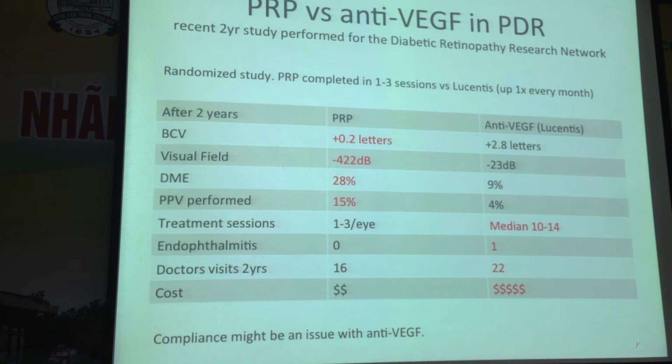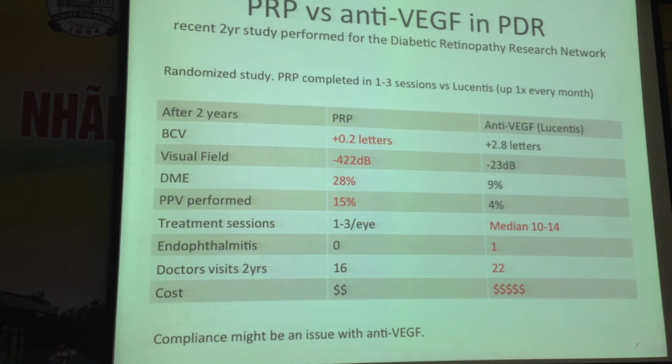These are randomized studies done by the Diabetic Retinopathy Clinical Research Network, and they clearly show that when monotherapy PRP is chosen, best corrected vision increases only by 0.2 letters, whereas with anti-VEGF Lucentis, it increases 2.8 letters. Visual field decreases apparently with panretinal photocoagulation. This is one of the main complaints about PRP.